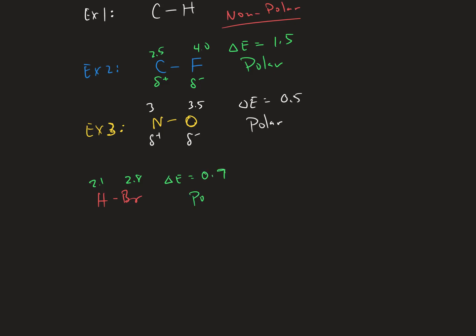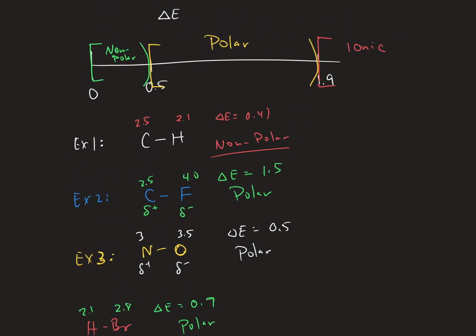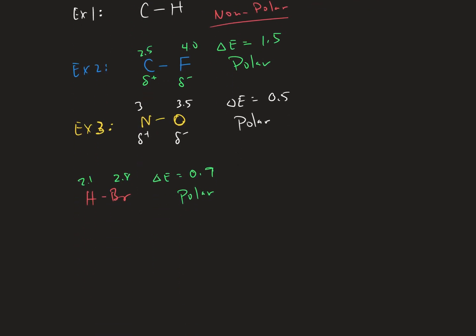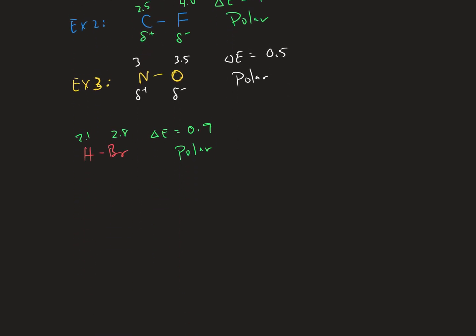Polar, because it's 0.5 or greater, right? So we have to follow this chart, or the scale. Since it is polar, which one's partial negative? The more electronegative value. Bromine. Are we good there?